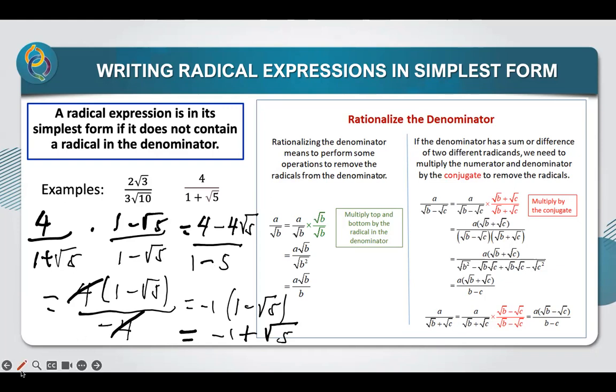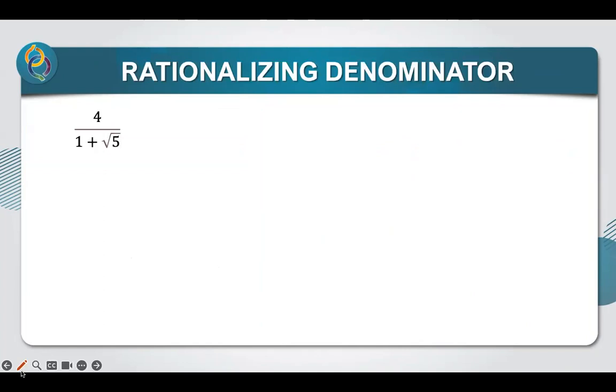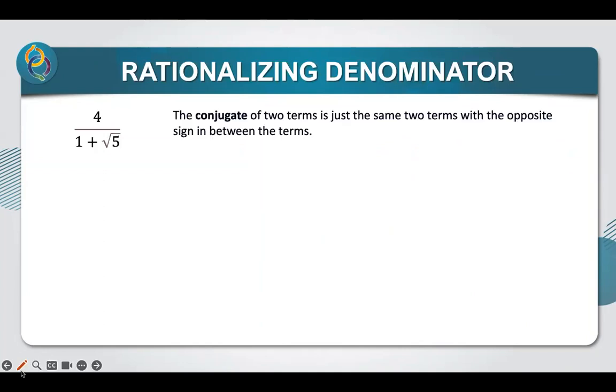So the conjugate of two terms is just the same two terms with the opposite sign in between. So just multiply by the conjugate. That was what we explained a while ago.